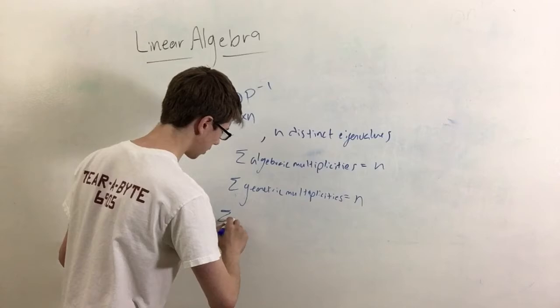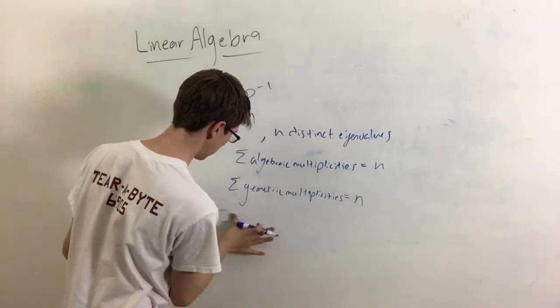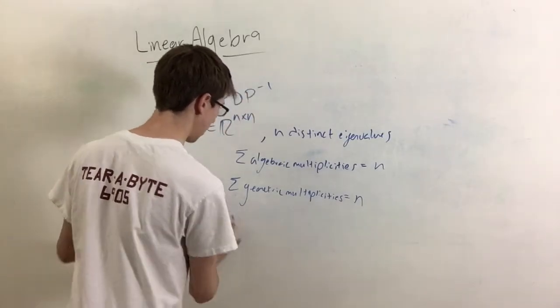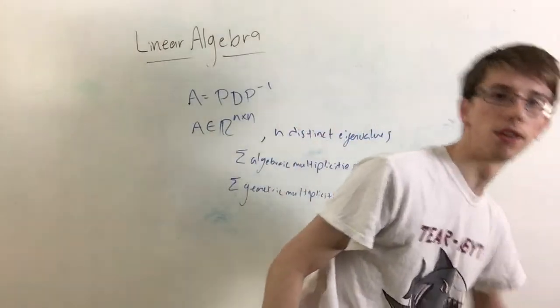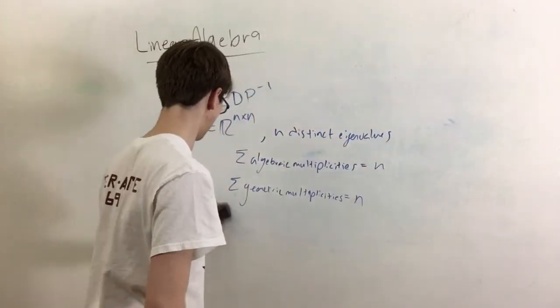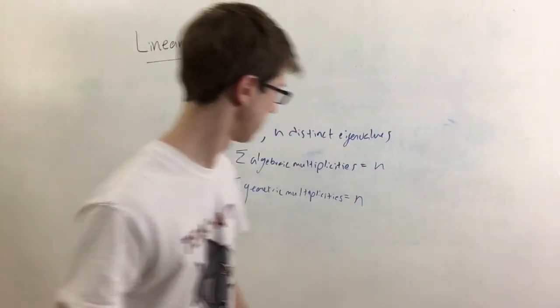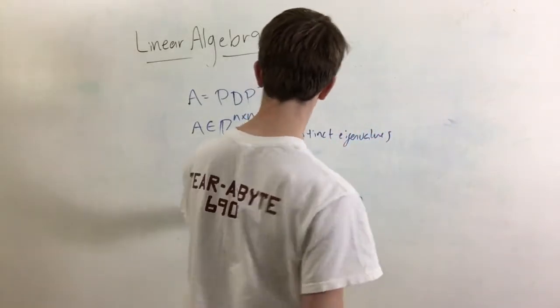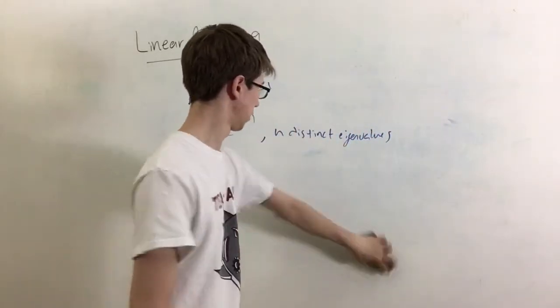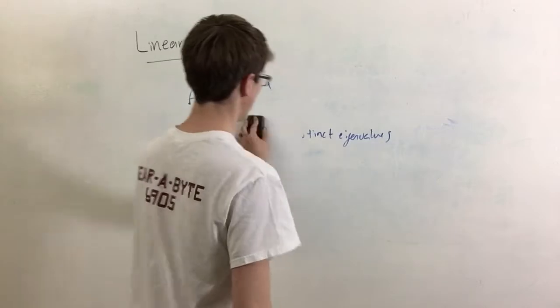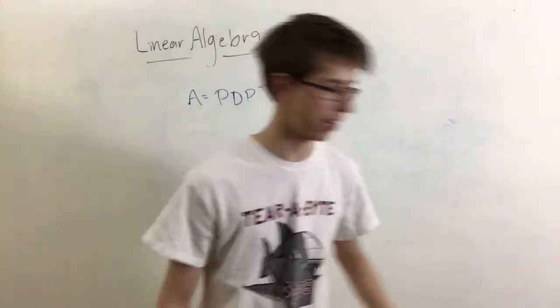But the number of eigenvalues doesn't necessarily have to be n in order to have n distinct. But that's what you need in order to diagonalize a matrix.